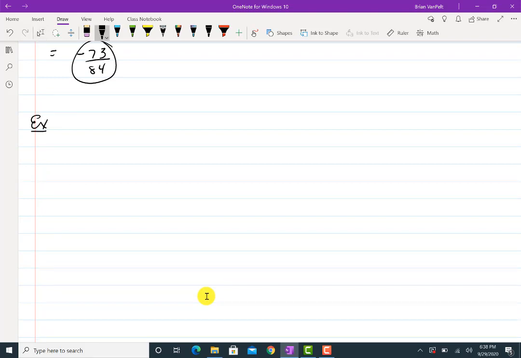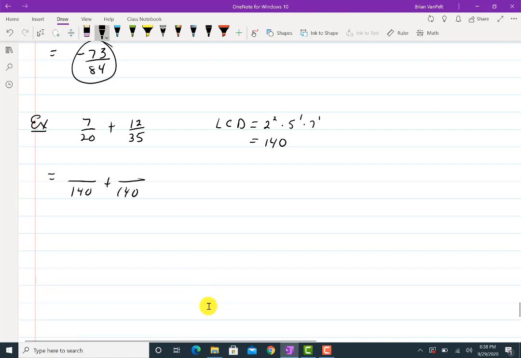Next, I have 7 over 20 plus 12 over 35. I'm going to do the LCD here. And you can do this. I'm only going to put these numbers so that you can check them. And you should be able to check that on your own later on. So each one of these I'm going to rewrite as over 140. And I'll figure out what goes into those numbers.